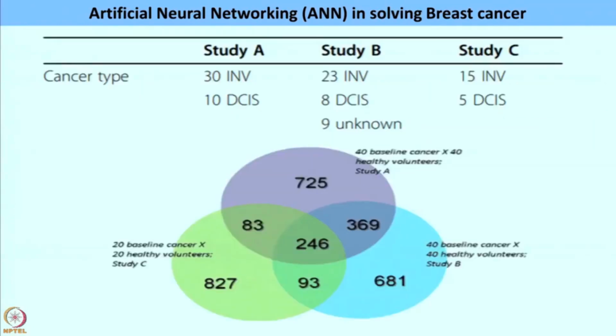In study A and study B, 40 cancer samples and 40 controls were taken, whereas in study C, 20 cancer samples and 20 controls were taken. Further, they did the proteomic analysis and found that 246 proteins are common between the 3 studies.